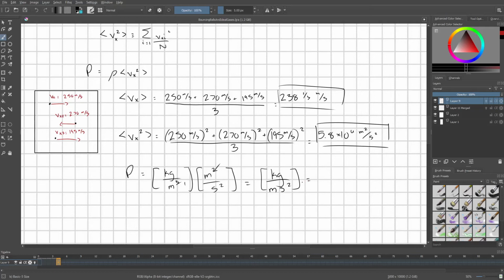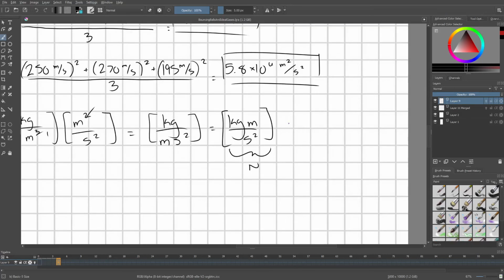And if you remember that a kilogram times meters per second squared, this is the definition of a Newton of force. And so we have a Newton times 1 over meters squared, right? Clarify for yourself that these terms are the same.